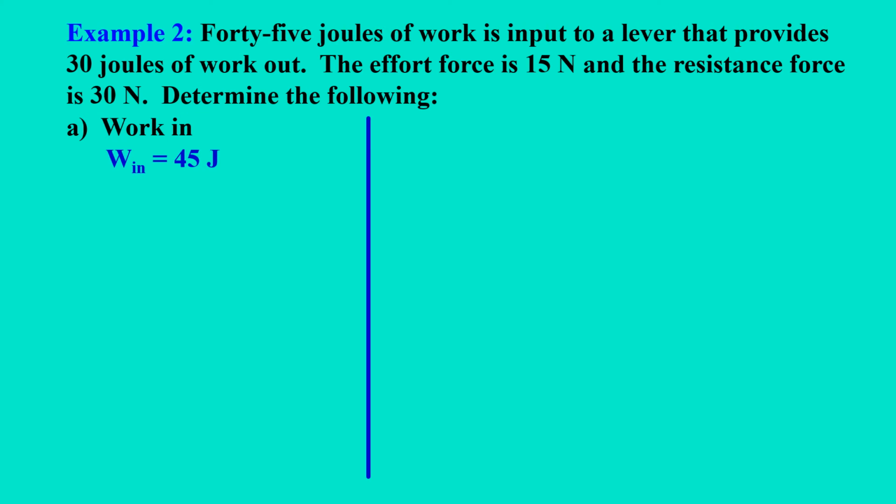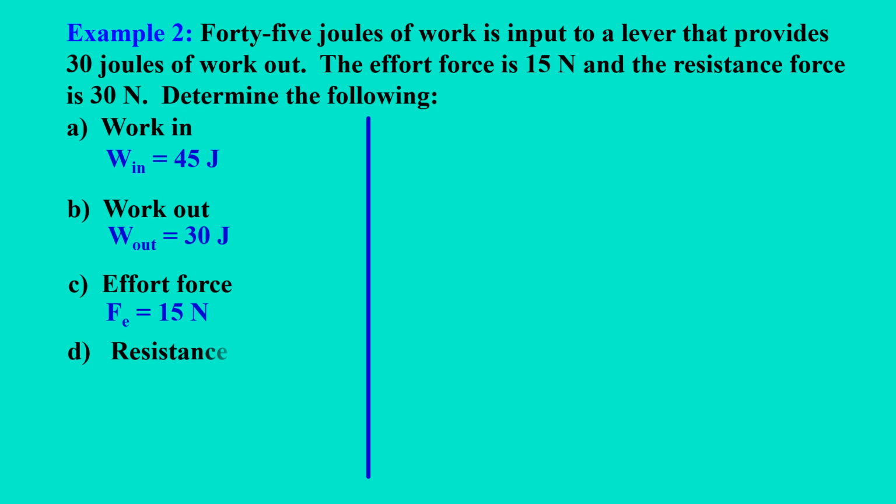It's given. Letter B, work out. It's also given to be 30 joules. Letter C, the effort force is given again to be 15 newtons. And letter D, the resistance force is 30 newtons, which is also given.